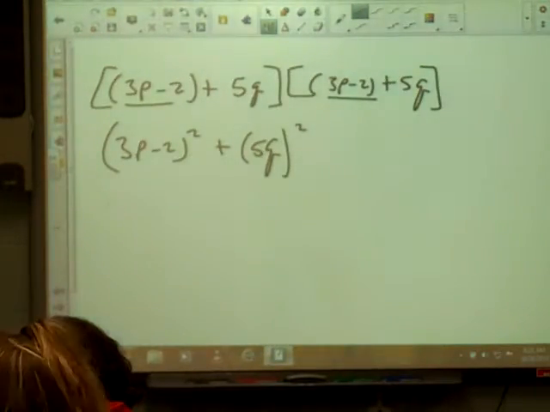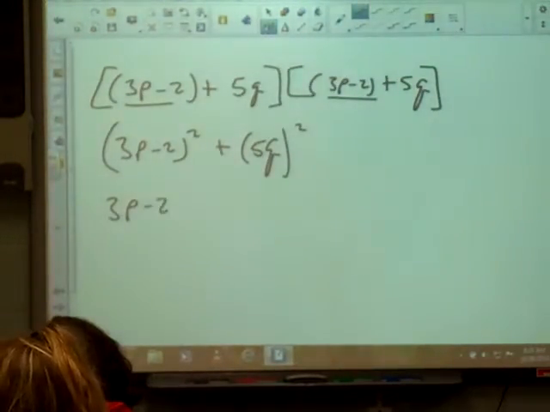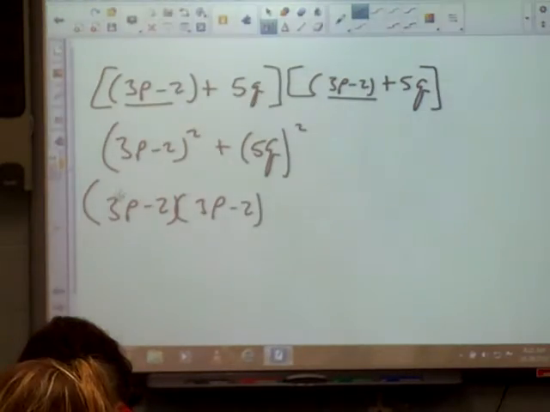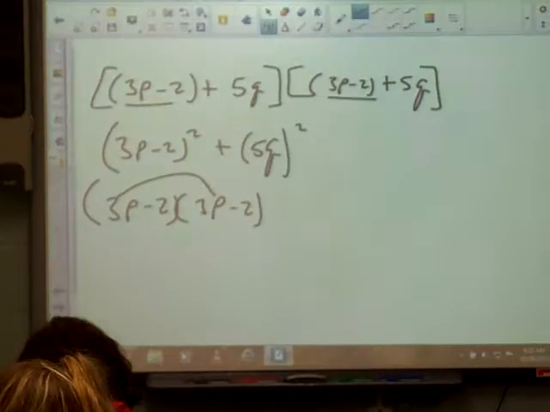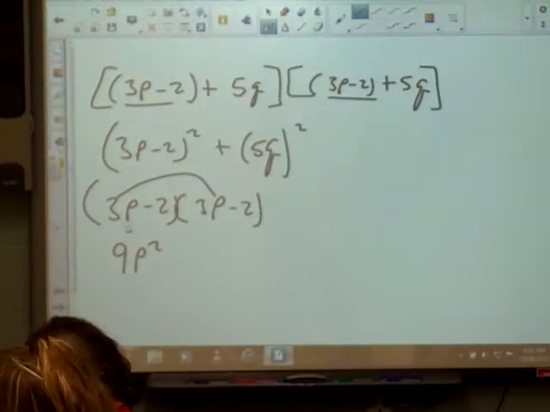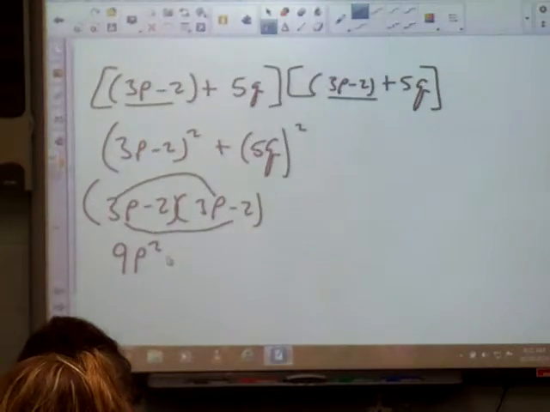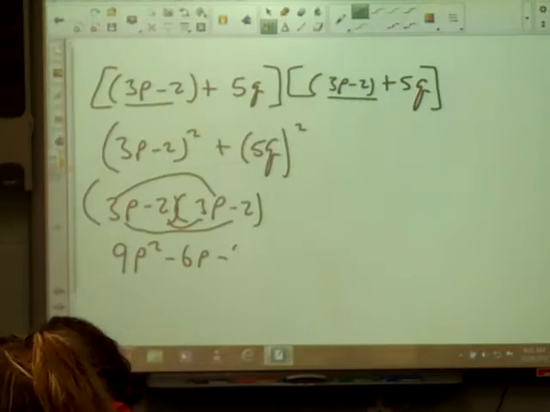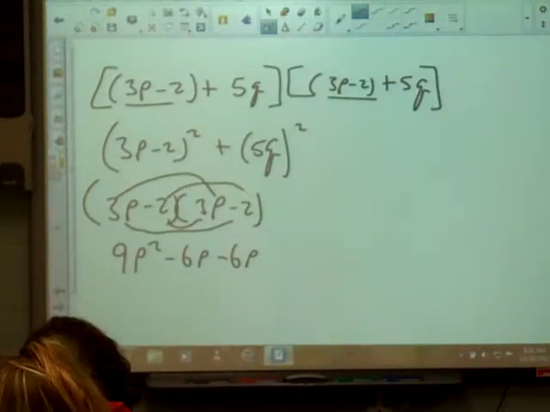Right, twice and FOIL it. Good job. So I've got 3p minus 2 times 3p minus 2. So that gets me 9p squared minus 6p minus 6p plus 4.